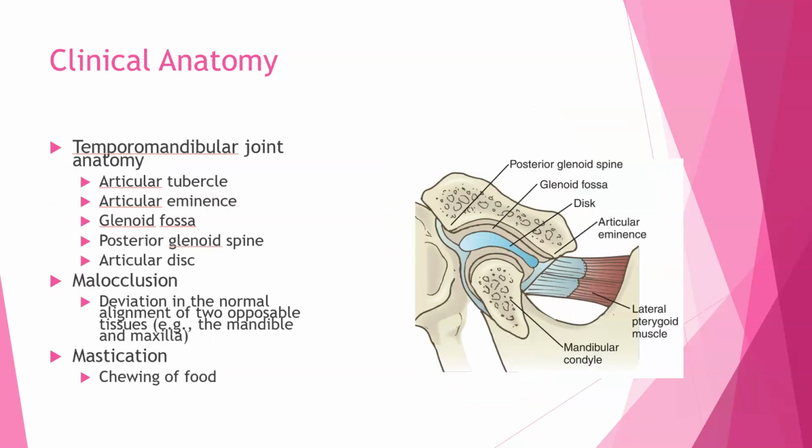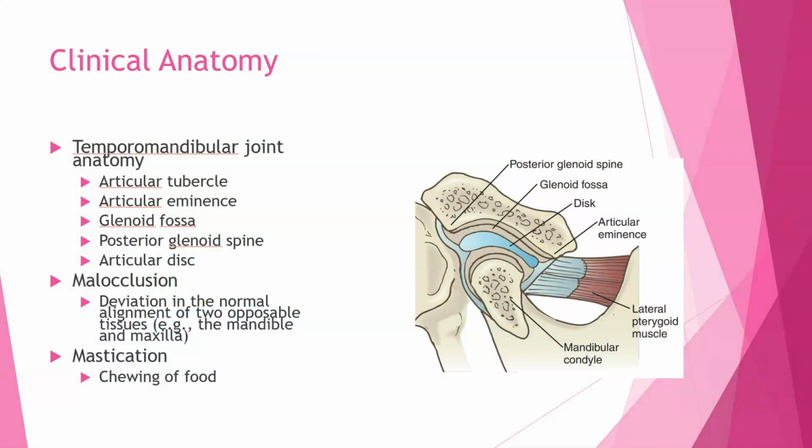Alright, and specifically for the TMJ, this is taking a closer look. There's different articular tubercle eminence, glenoid fossa for that. And what we're worried about with the TMJ is malocclusion.